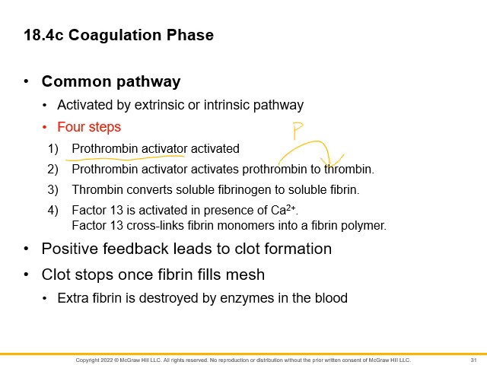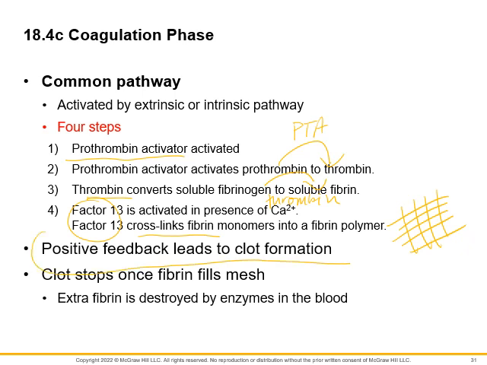I'm going to write prothrombin activator. Then thrombin is what turns fibrinogen into fibrin. And then we're going to have another factor, and we're going to start seeing the cross-linking. So basically creating this mesh network of fibrin.